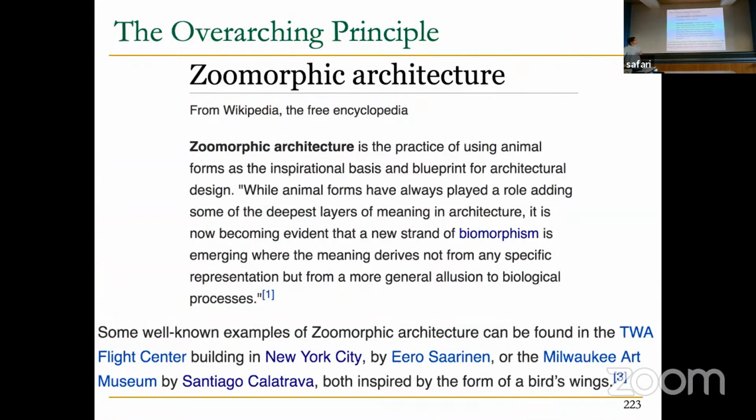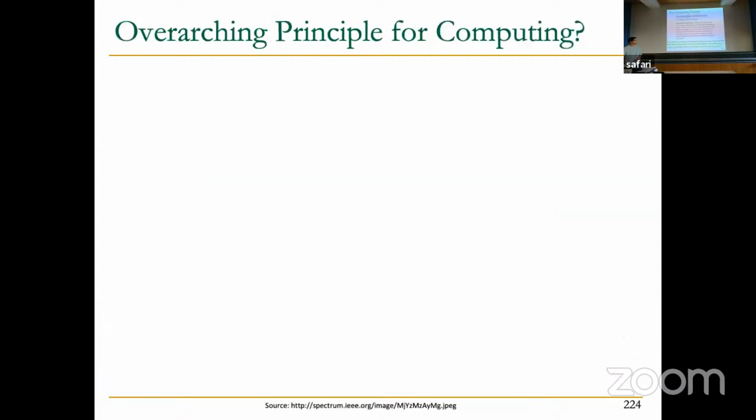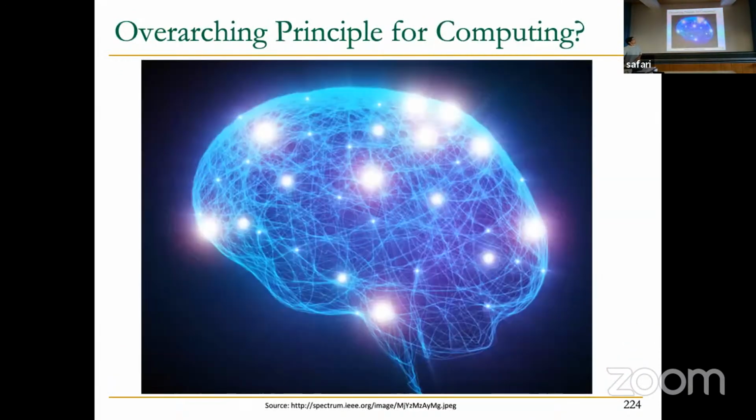In his case, the overarching principle is different. It's not organic architecture, it's zoomorphic architecture, and he sticks to this principle, and that's why he makes a difference in how he designs his buildings. So what's the overarching principle for computing?